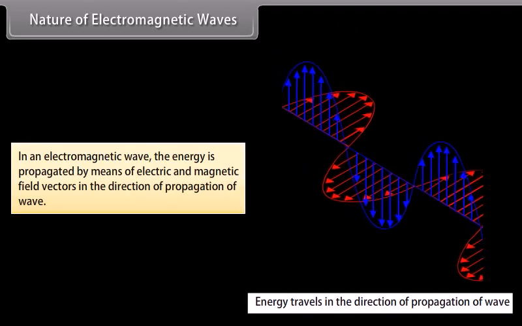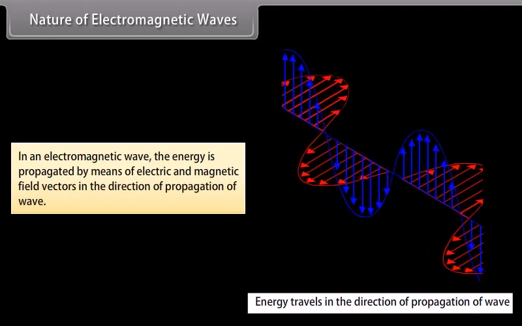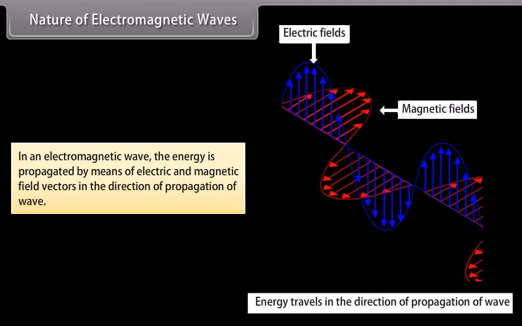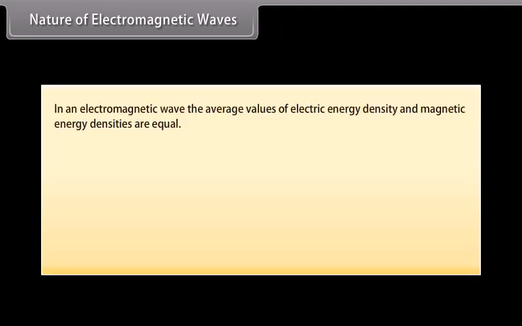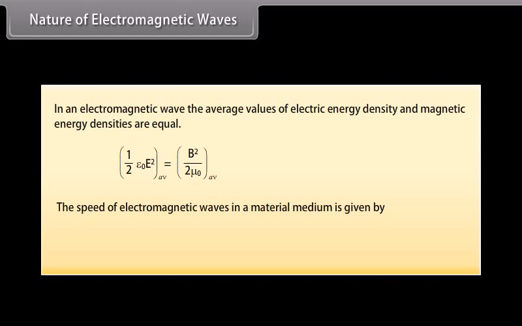In an electromagnetic wave, the energy is propagated by means of electric and magnetic field vectors in the direction of propagation of the wave. The average values of electric energy density and magnetic energy density are equal. The speed of electromagnetic waves in a material medium is given by the relation nu is equal to C upon N.